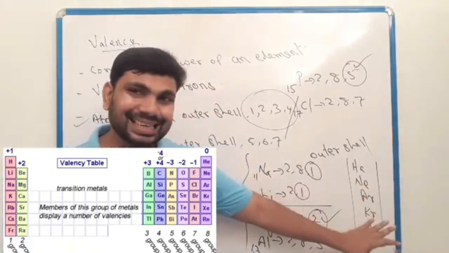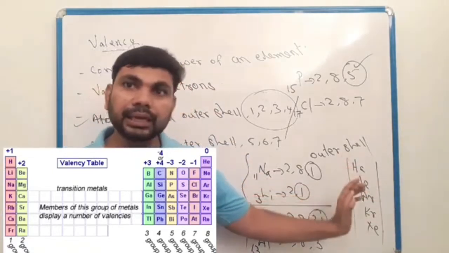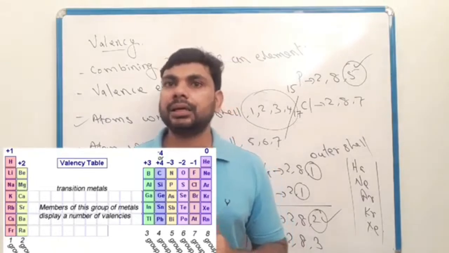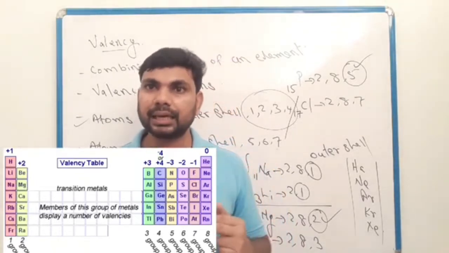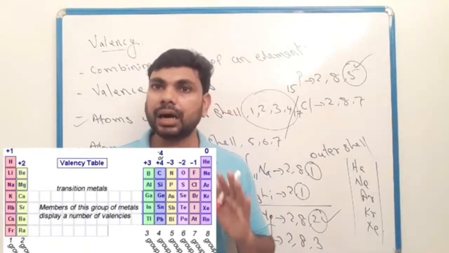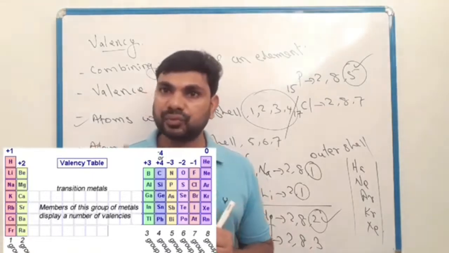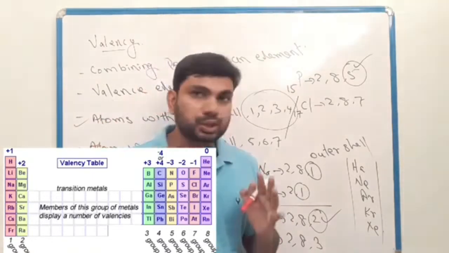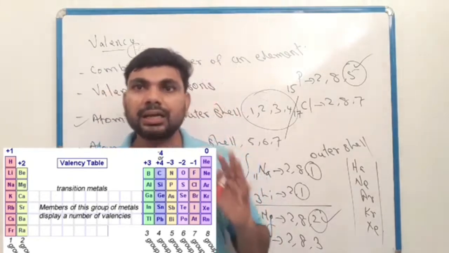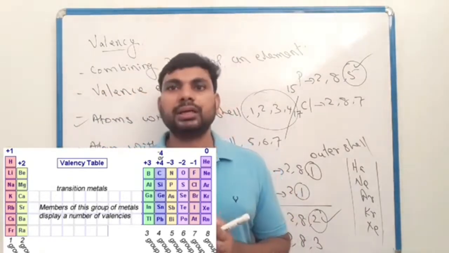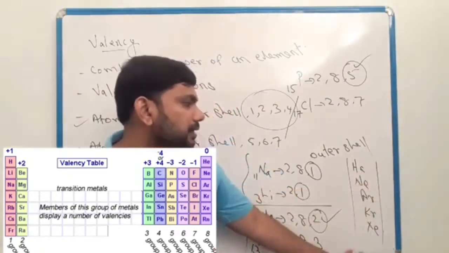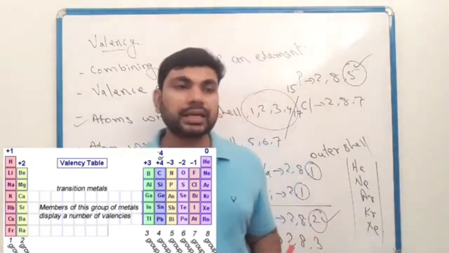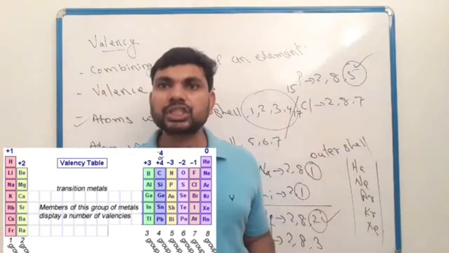They have 8 electrons in the outer shell except helium. Helium's outer shell has 2 electrons. Helium is the second element, after hydrogen, and its outer shell is complete. We know the first shell holds 2 electrons. Helium has atomic number 2, so its first shell has 2 electrons. Clear? Its outer shell is completed. The rest of the elements have 8 electrons in the outer shell, or you can say they have a complete outer shell.